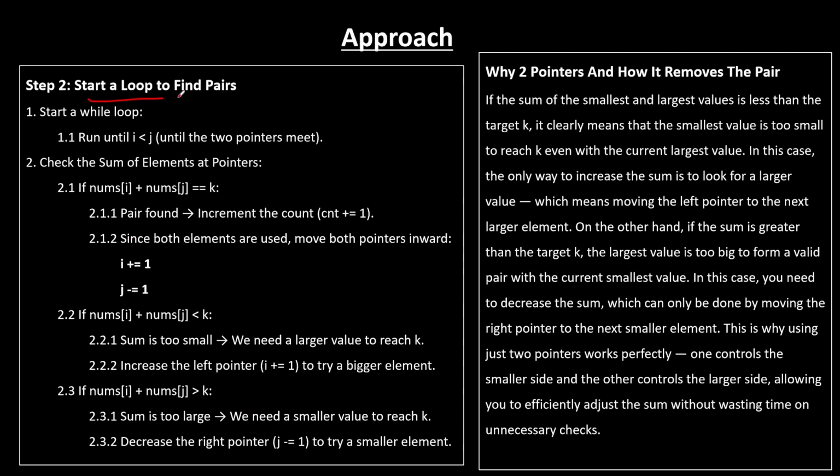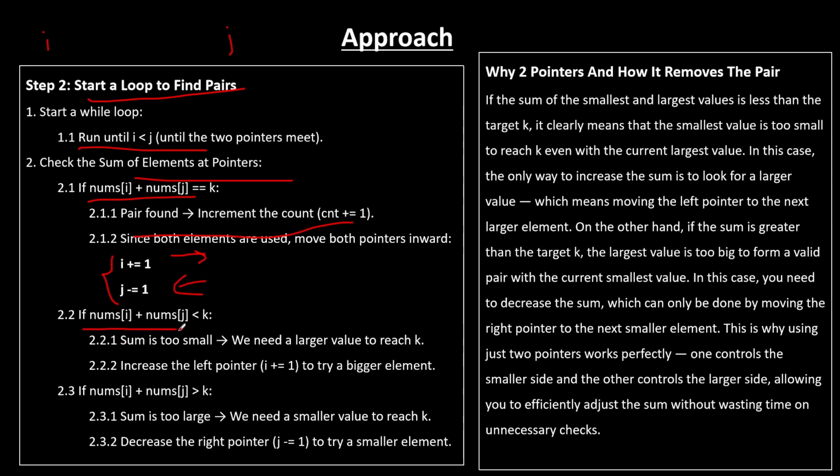After declaring these variables, now let's move to the next slide. Now we start a loop to find pairs while i is less than j, unless i and j cross each other or meet each other. If the sum of the elements equals k, we found a pair. We will increment the count and we will increment both i and j: i will be incremented toward the right side and j will be decremented toward the left side.